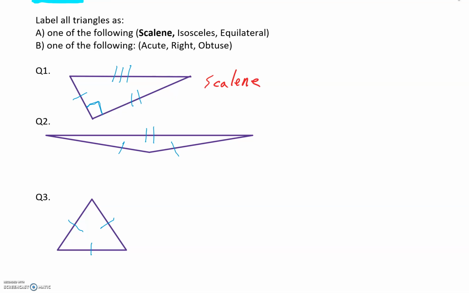And you can see there's one right angle, so it's a scalene right angle triangle. Okay, whereas this next one has a big obtuse angle, but two sides are equal, so it's isosceles. And because two sides are equal, and it has an obtuse angle.